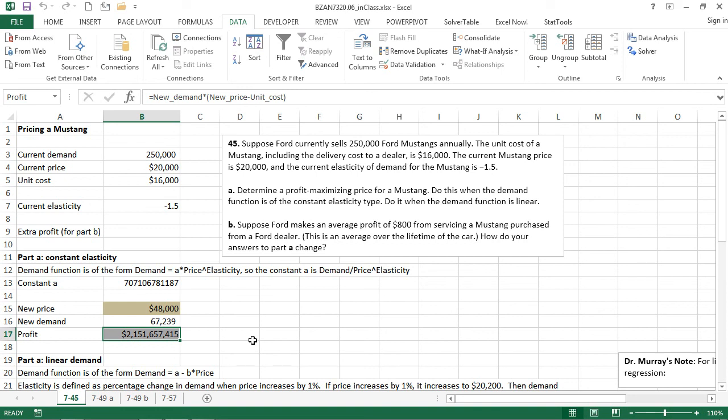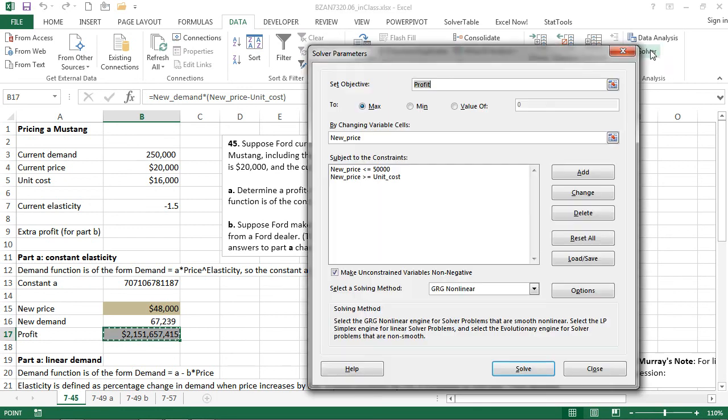But that's the point. This is what I want you to understand about nonlinear optimizers. You gotta sort of work with them. You gotta play around with them a little bit. You can't just take the first answer you get as the right answer. Let's go back and see what Solver told me when I used the 40,000 as the maximum price.